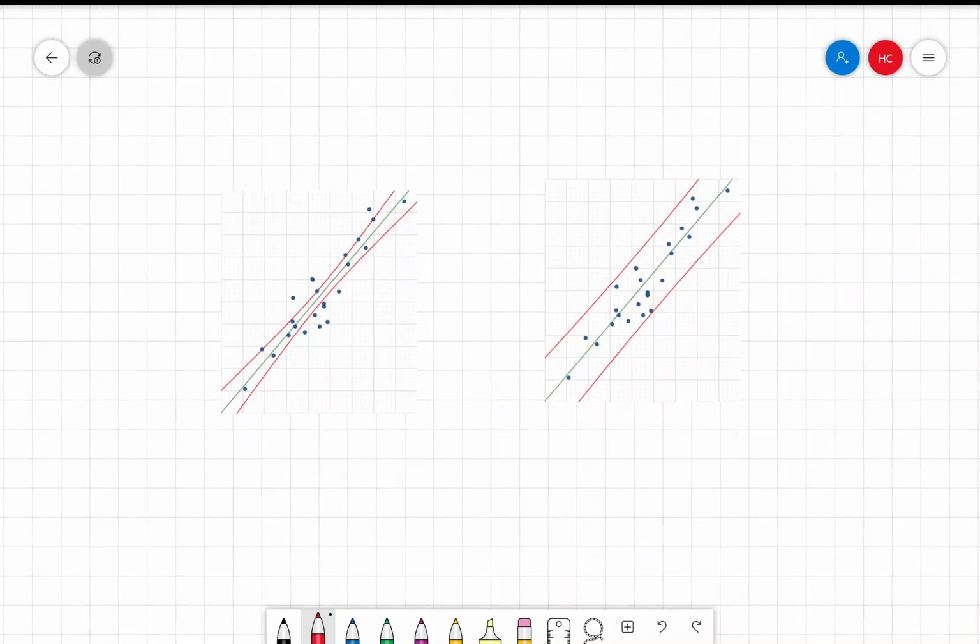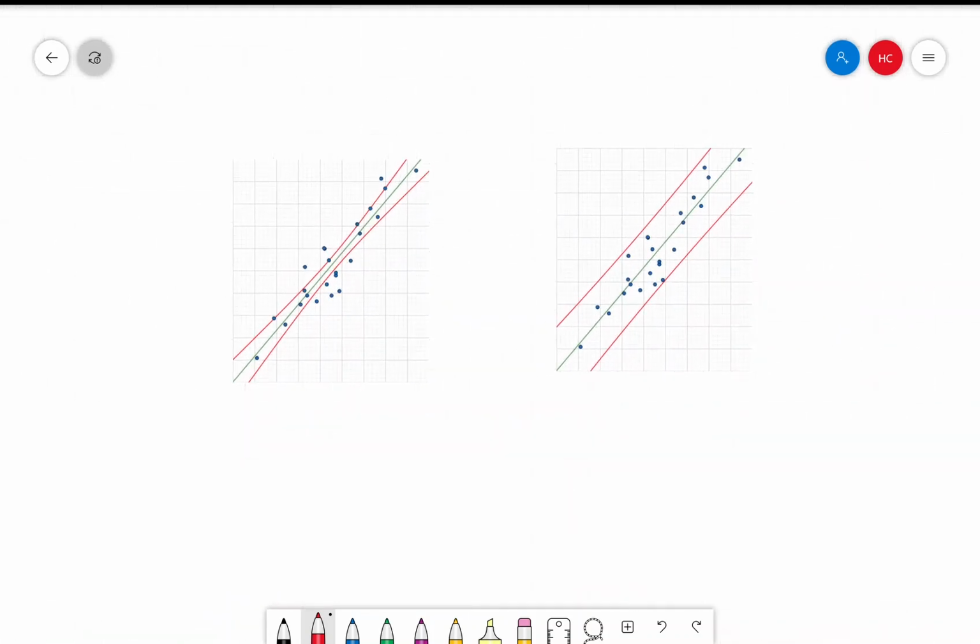Let's look at these figures here. The one on the left is called the confidence band. The one on the right is called the prediction band. How you do it is, for each x, you draw the confidence interval.